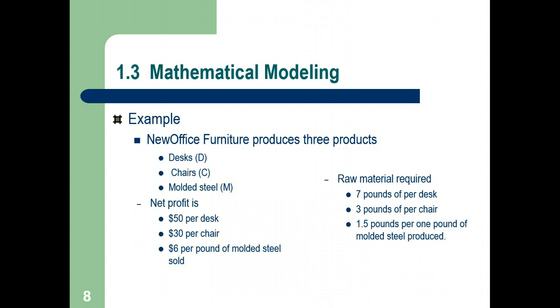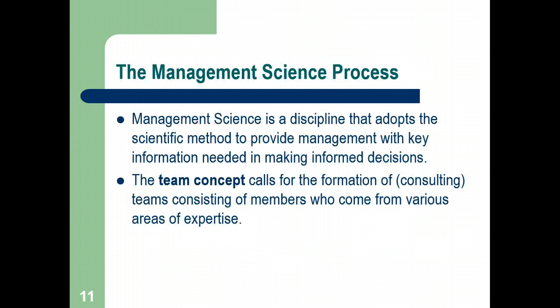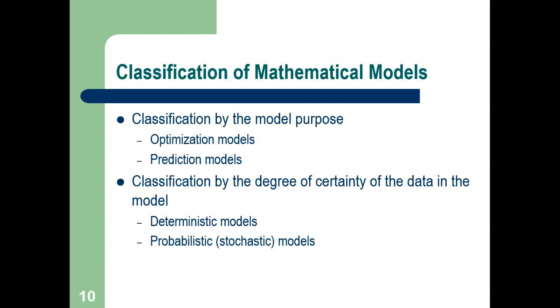And before we go to this, I want to talk about some of the ways we classify models and what we're going to talk about in this class. The first way we can classify models is by their purpose. The first type of models we're talking about is optimization models. Optimization models are trying to come up with an optimal method of doing something.